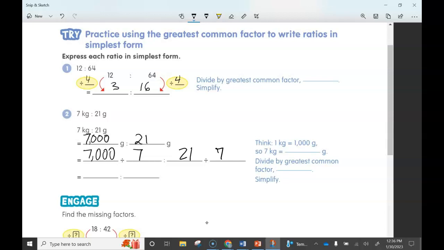So again, we're making this into simplest terms, or simplest form. 7,000 divided by 7 is 1,000. 21 divided by 7 is 3. So we have 7,000 to 21 in simplest form is 1,000 to 3. So again, what we do, we find the greatest common factor, divide both parts of our ratio by the GCF, and that gives us our ratio in simplest form.